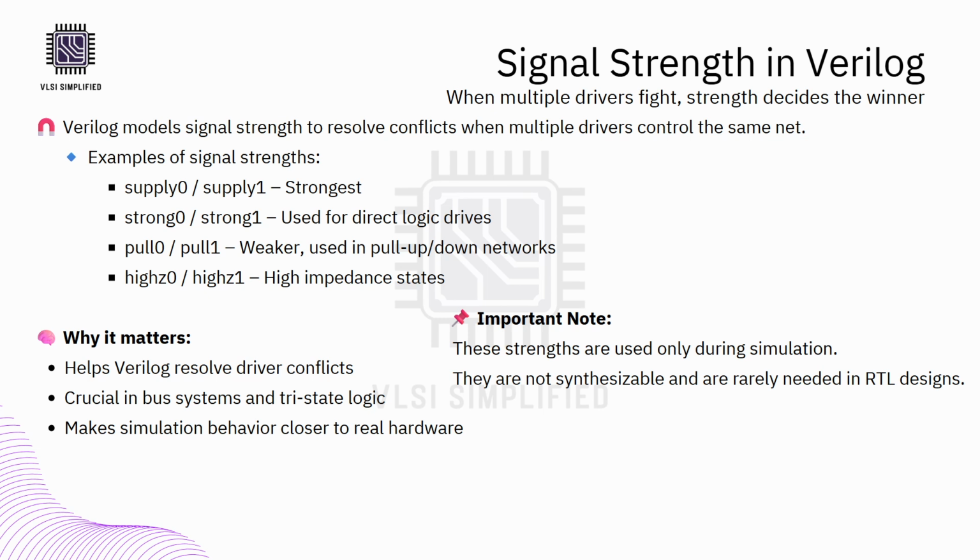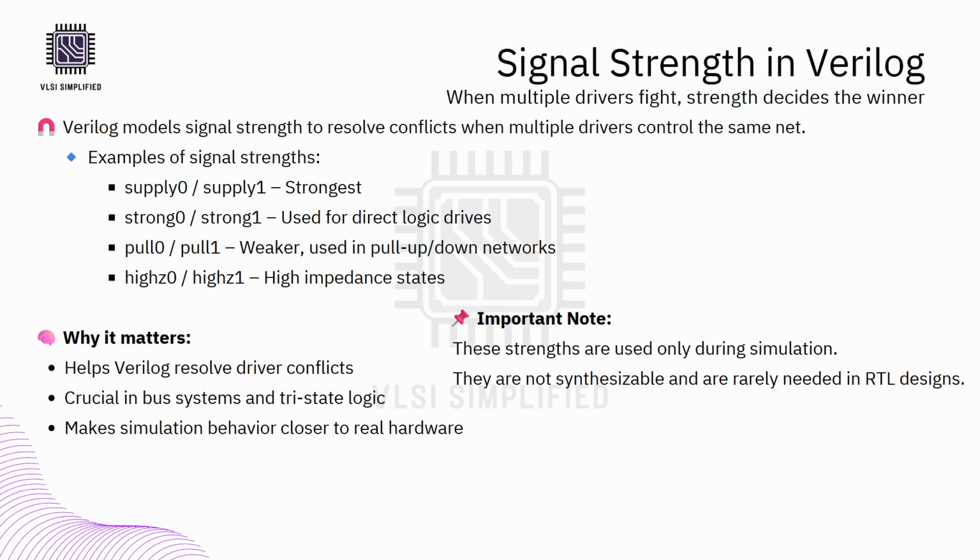Supply 1, supply 0 are very strong, like hardwired voltage sources. Then strong is used for logic gates, what we typically see in most RTL designs. Pull strength is used for weak pull-up or pull-down resistors. High Z is the weakest, meaning the signal isn't actively driven.